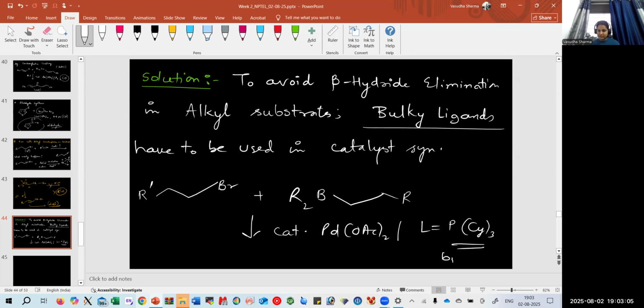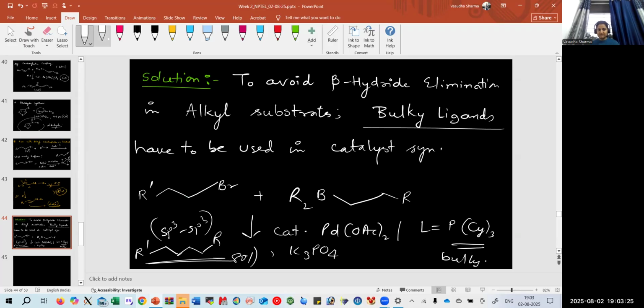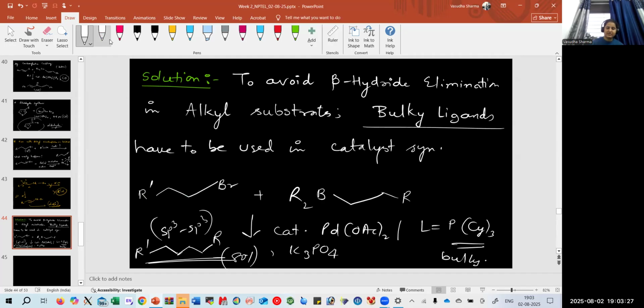So this is quite bulky in nature, and in presence of K3PO4, because this is a Suzuki reaction, it would give you the product as sp3 bond formation. So this can work, which is also 80% in yield. So this can easily work out over here.